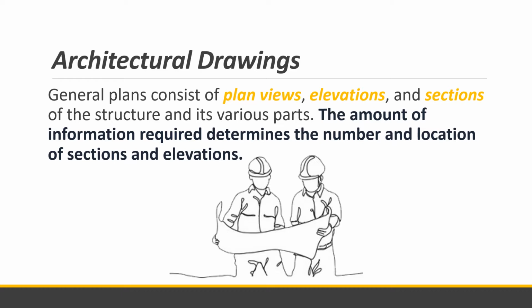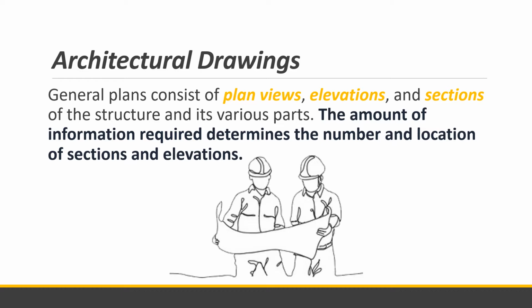Sections are yung ikakat mo yung building and makikita mo ano yung nasa loob niya of the structure and its various parts. The amount of information required determines the number and location of sections and elevations. For example, sa mga residential houses, usually meron kang apat na elevation: front, right, left, tsaka rear.